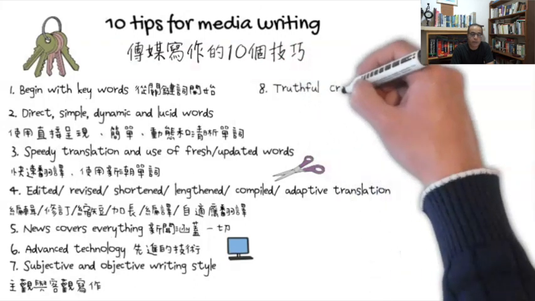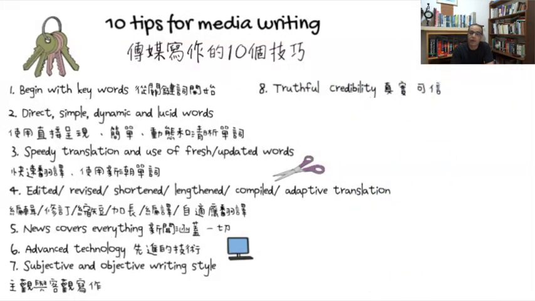Tip number 8: always be truthful and honest and credible in your writing. Don't report false news. Always report true facts, so that you may gain the trust of your reader.